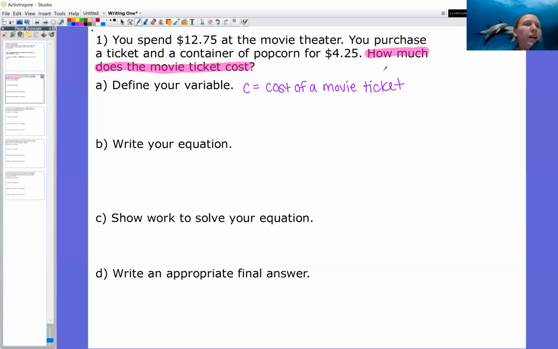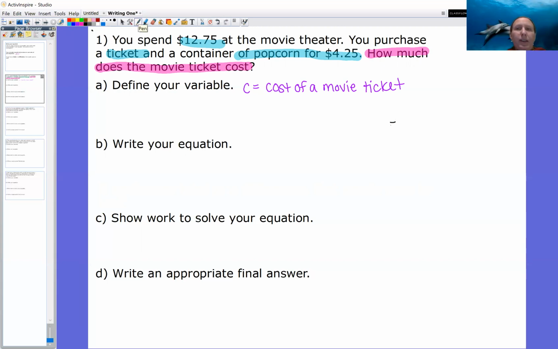From there, I like to write in words what's going on in our question. So I see that we have $12.75 at the movie theater. I want to do that in a different color, so I will do that, $12.75. You also purchase a ticket and a container of popcorn for $4.25. So I have a total.